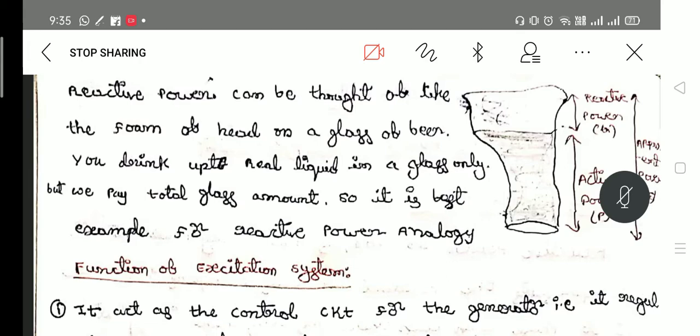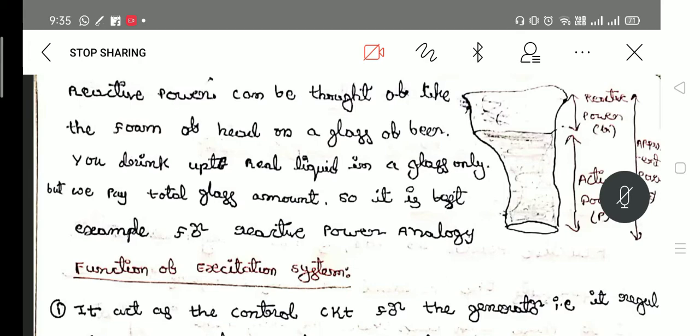The importance of excitation is system reliability, and all conditions of service will be okay, along with simplicity of control, easy maintenance, stability, and fast response.